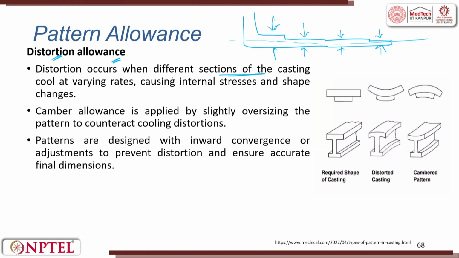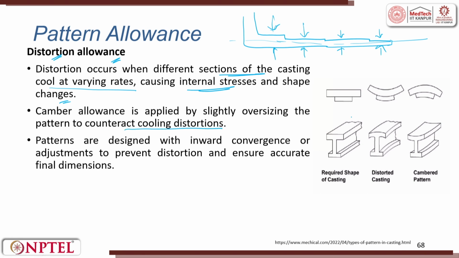Distortion allowance occurs when different sections of the casting cool at varying rates, causing internal stresses and change in shape. So, this is what is needed. We play with the volume and surface area, and it gets distorted like this or like this. The camber allowance is applied by slightly oversizing the pattern to counteract the cooling distortion.